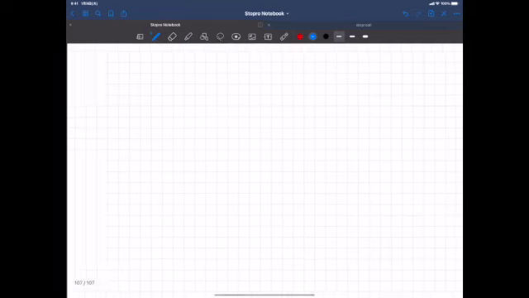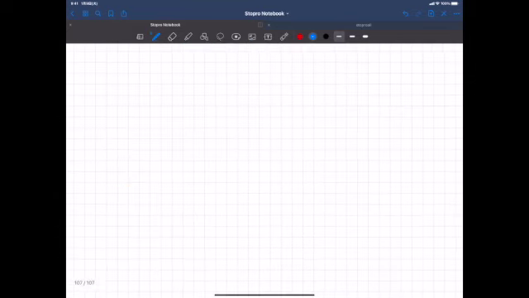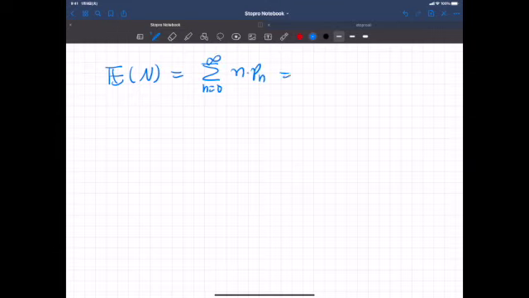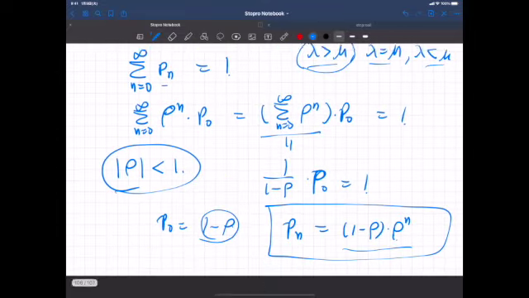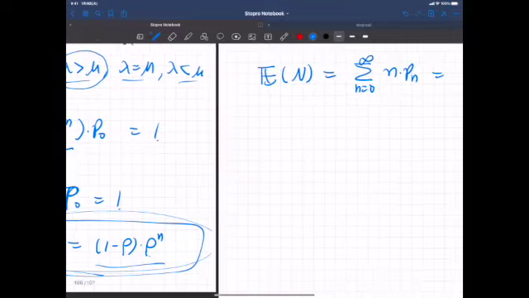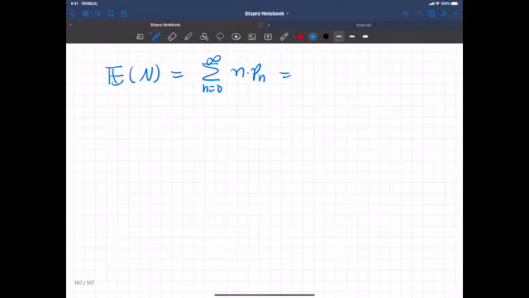From this, the expected length of a queue is given by this. So the expectation value of n, the number of customers in a queue, is given by, just by definition, the sum of n times Pn. And if you substitute the expression for Pn, then after all, it should be this.